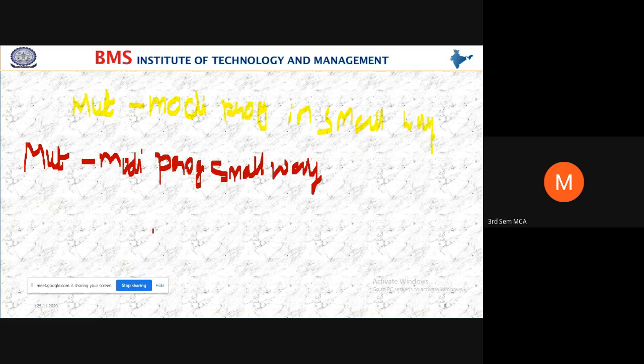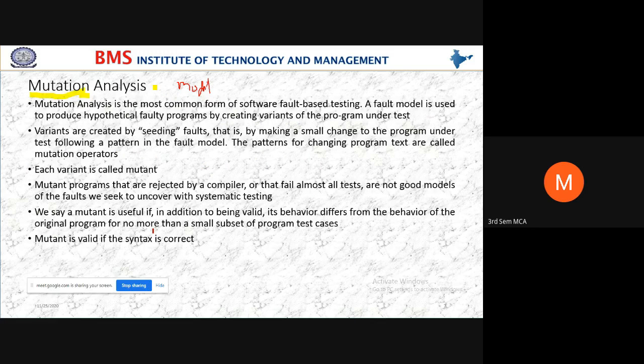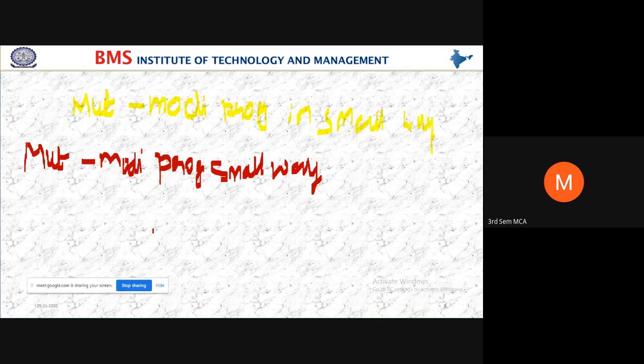So here, mutation analysis, or mutation testing, is nothing but modifying a program in a small way. Students, we are not changing the entire program. We are altering the program in a small way.